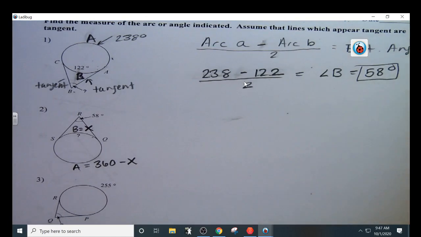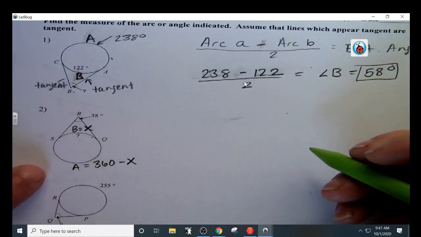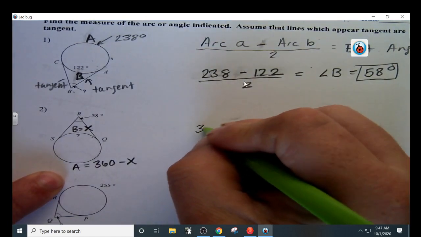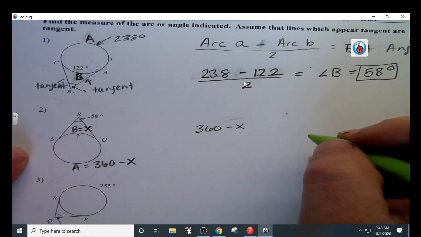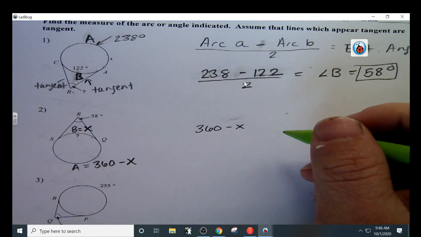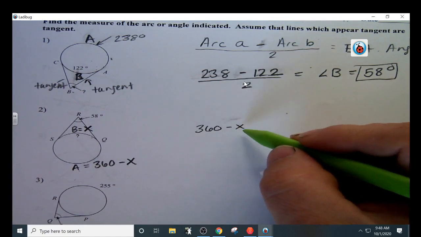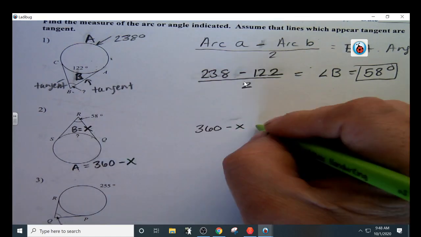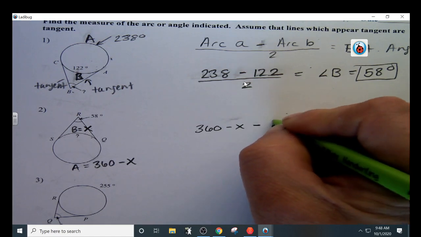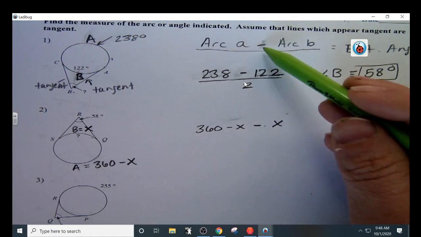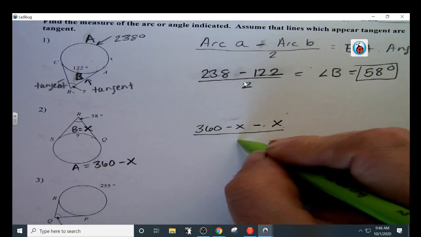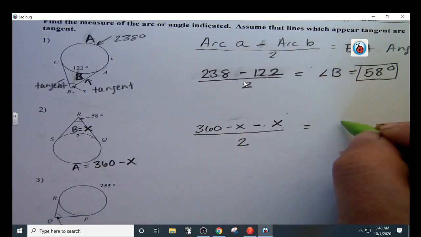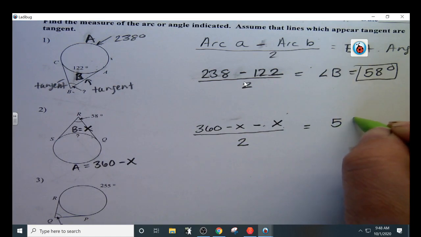Now, let's set this up. Arc A is 360 minus X. Arc B is just X. So that minus is in our formula here: minus X, divided by 2, equals 58.